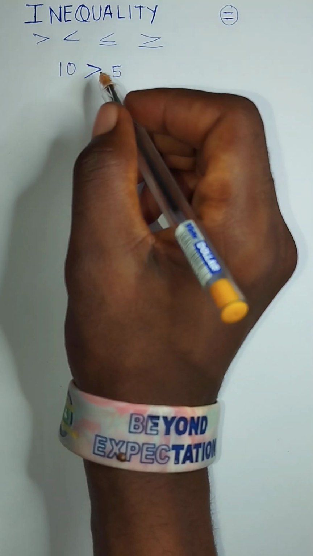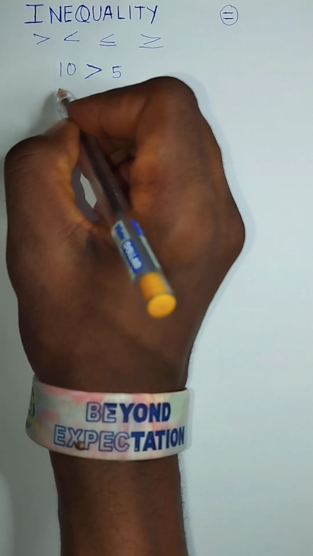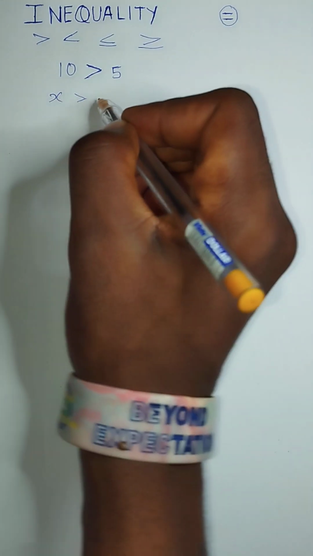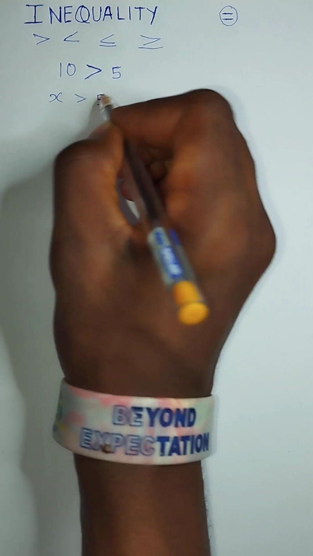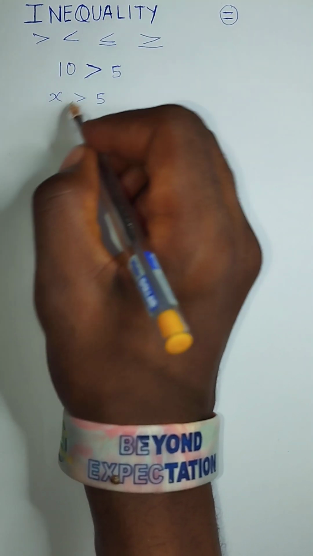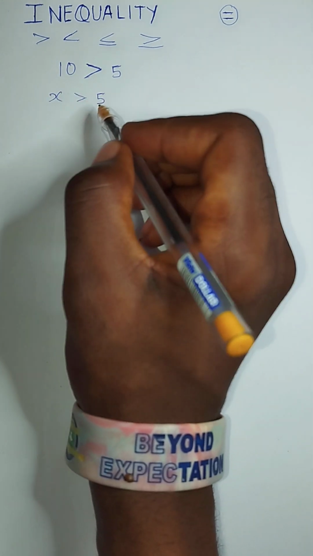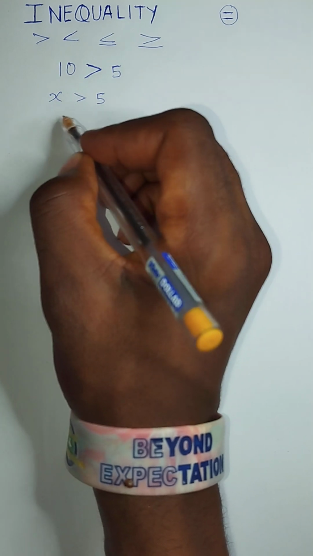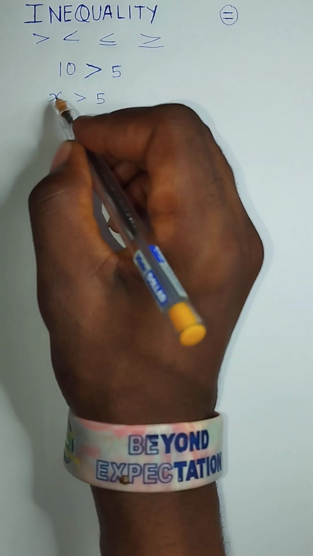Not just numbers. You could have a mathematical expression. Let's say, for example, you can have x greater than 5. Saying this, it is still telling you that what you have on the left-hand side is bigger than what you have on the right-hand side. Can you see that we know the relationship between both quantities now?